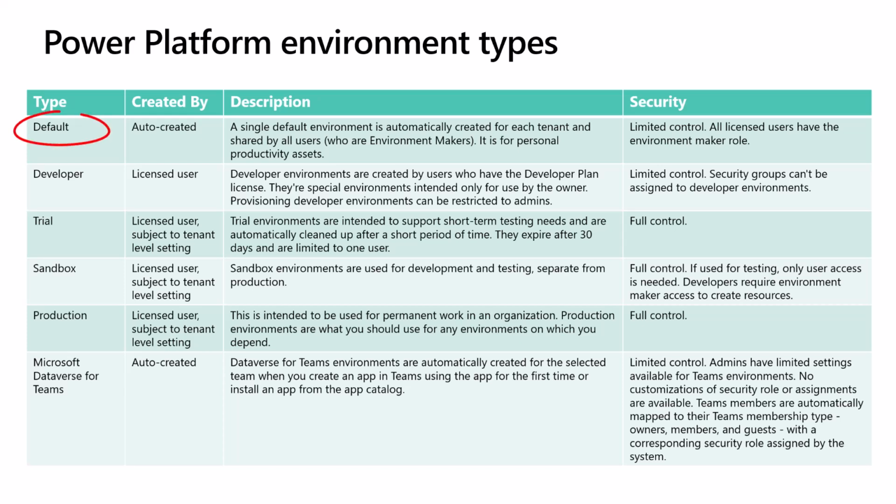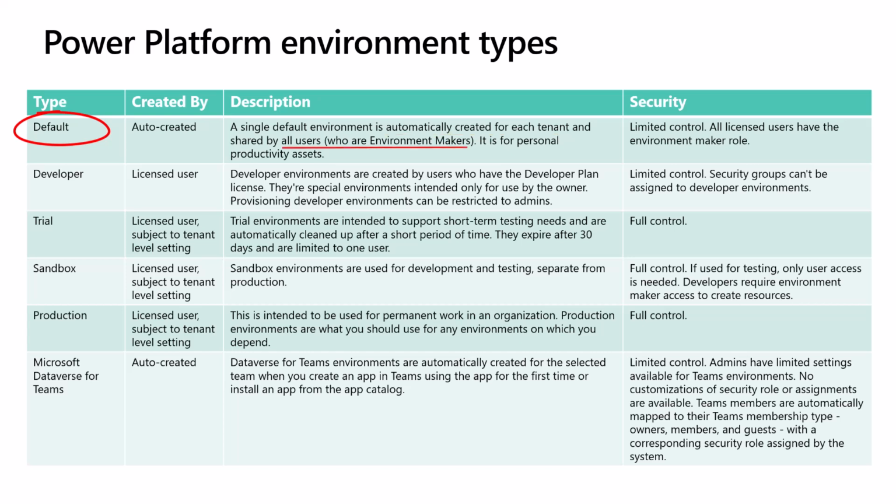Power Platform includes a default environment that is automatically created one time only for each tenant and shared by all licensed users within that tenant. This environment is intended for personal productivity assets and is designed to facilitate easy access and collaboration among users.